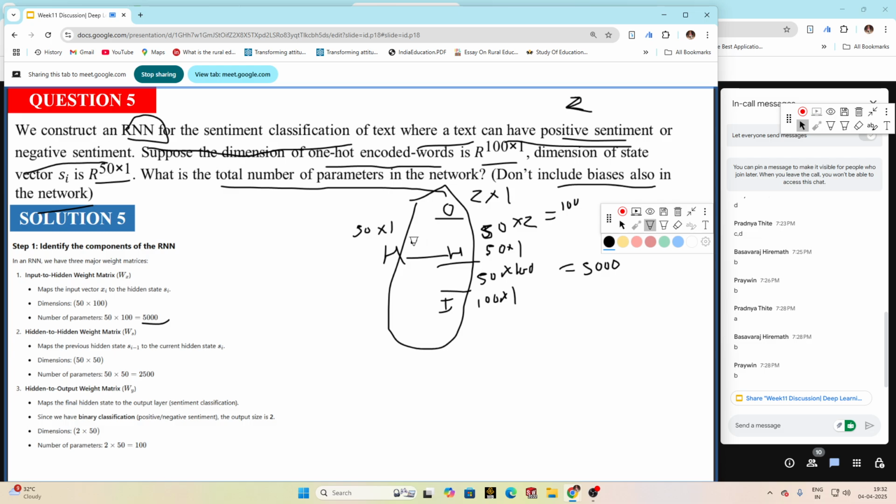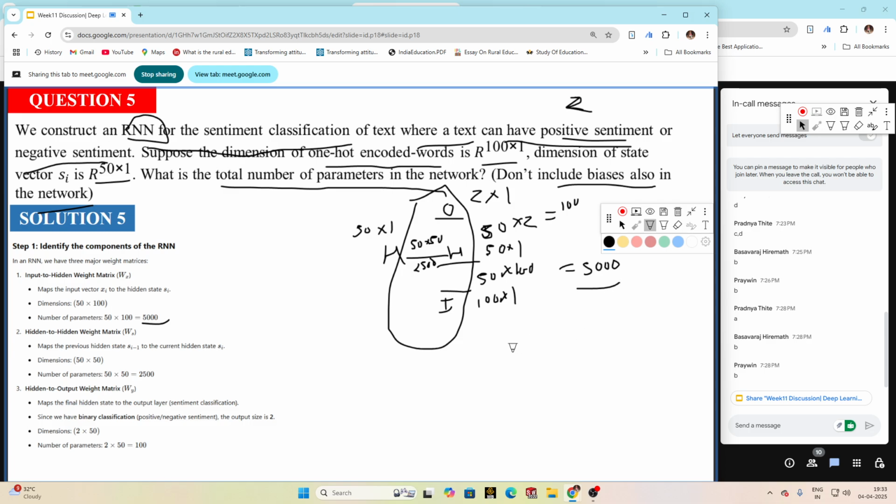So here the number of parameters is 50 cross 50, that is 2500. So input to hidden has 5000 parameters, hidden to hidden has 2500 parameters, and hidden to output has 100 parameters.